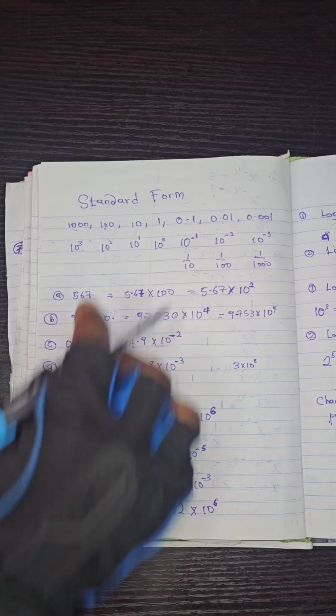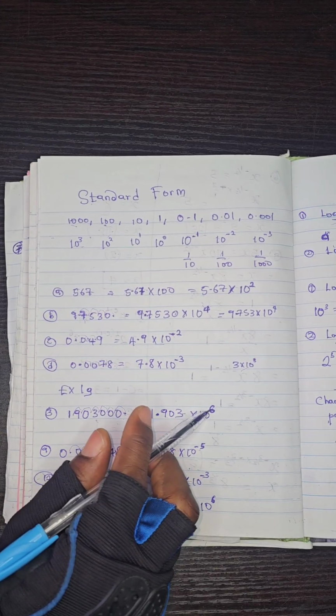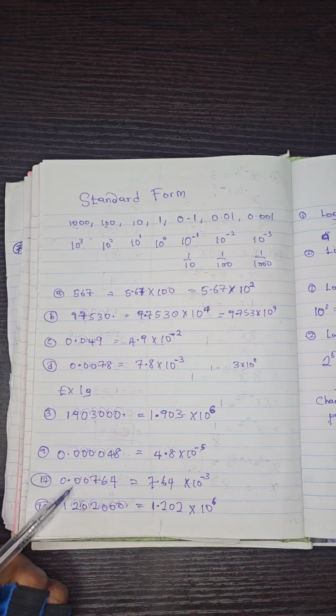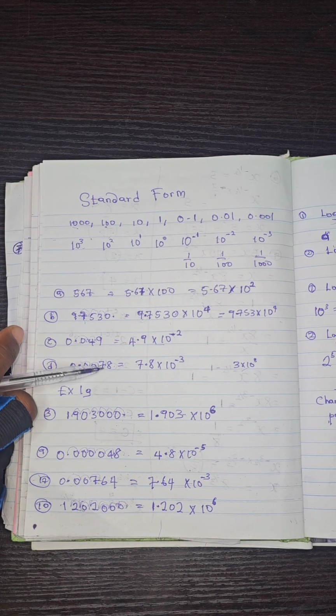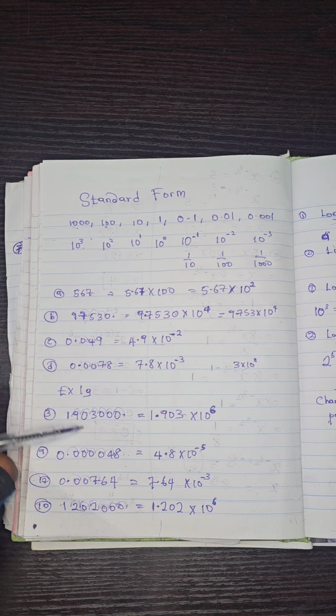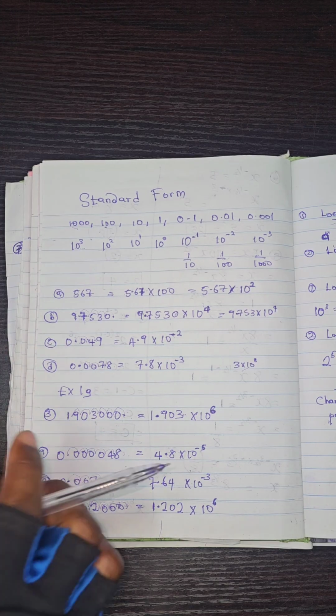Now, when we are doing standard form, we are given this number, and when we change it to standard form, look at the power that 10 has here, 6. That's the characteristics. This is our previous class, you can check it, or I might put the link in the description. The class before this one, you just check it and see everything we did here. So this is the characteristics.